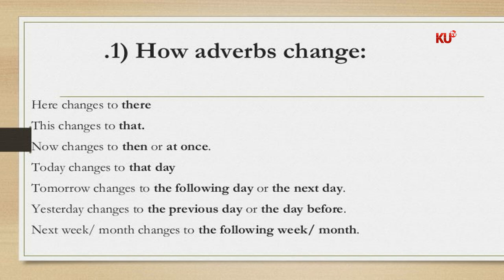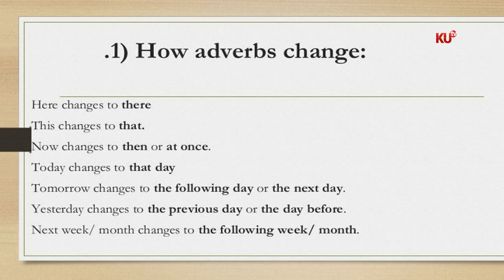Then the adverb yesterday changes and becomes the previous day or the day before. And then lastly, in that example, the adverb next week or next month changes and becomes the following week or the following month.